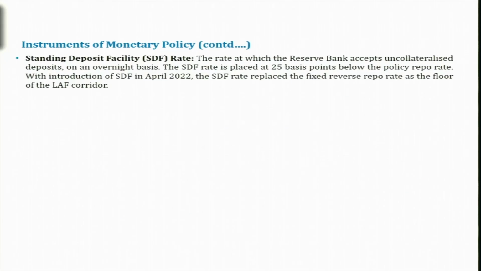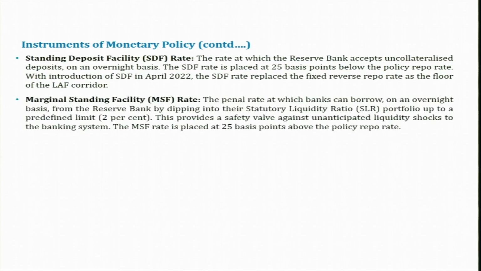Then some more instruments. That is called standing deposit facility rate. That is the rate at which RBI accepts uncollateralized deposits on an overnight basis. Then comes marginal standing facility, also called MSF rate. This is the penal rate at which banks can borrow on an overnight basis from the RBI by dipping into their SLR portfolio up to a predefined limit.